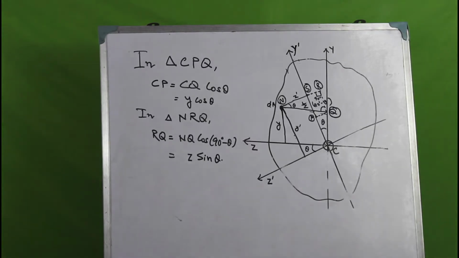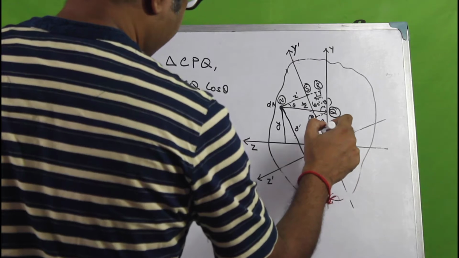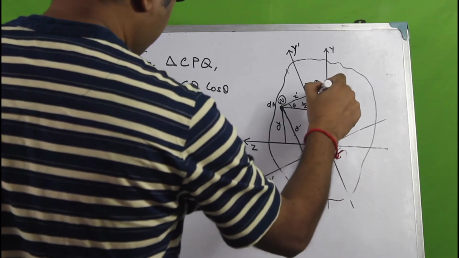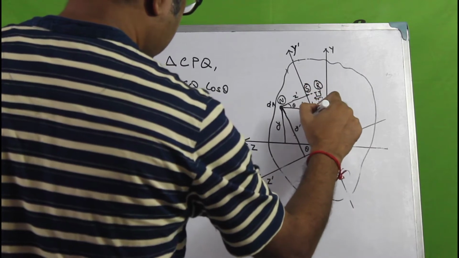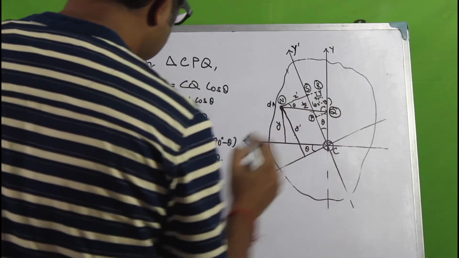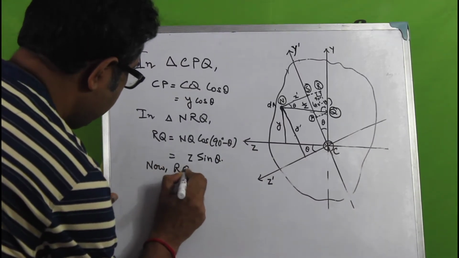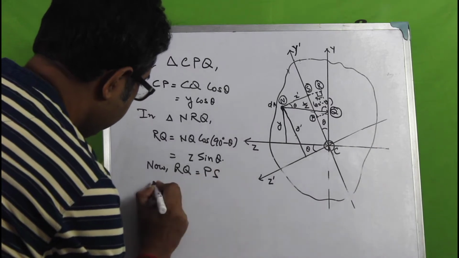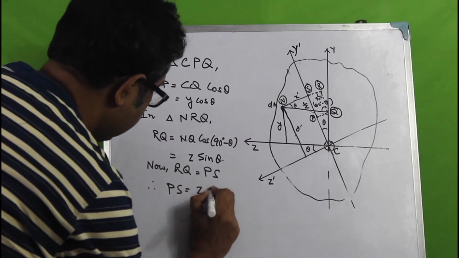Right. So in this case, now let us consider this complete line. RQ, now since this is a rectangle, RQ would be equal to PS. Now RQ is equal to PS, right? So therefore this would mean that PS will be equal to Z sin theta.